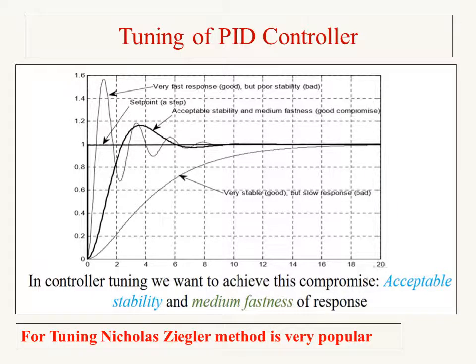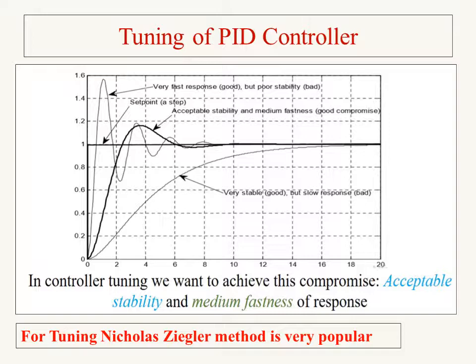This is our desired output, and that is our goal. Our goal may be obtained by this way, or by this way. But this one has acceptable stability and medium fastness, that is a good compromise. If you use this kind, there may be poor stability, or a very fast response, which is good, but poor stability, which is bad.